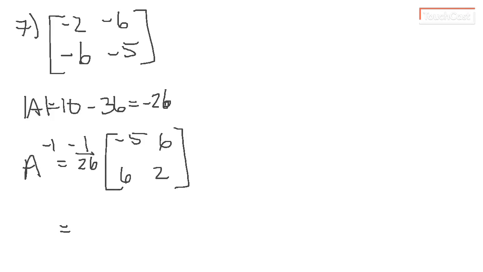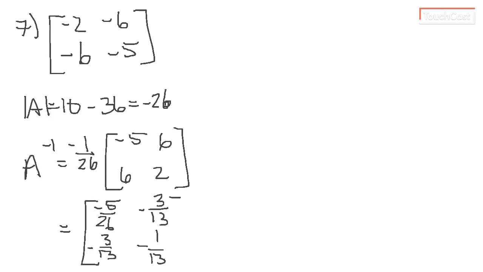Which means we're going to have in our first element negative 5 over 26, and then we're going to have negative 6 over 26, which we can simplify. They're both divisible by 2, so we're going to have negative 3/13, negative 3/13, and then if we go 2 times negative 1 over 26, we're going to end up with 1 over 13.